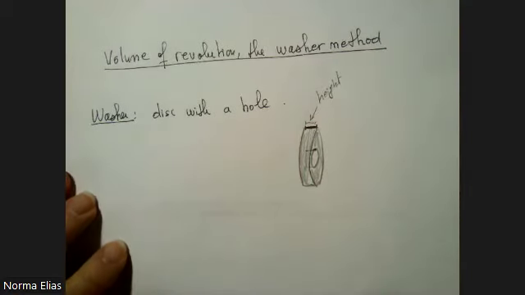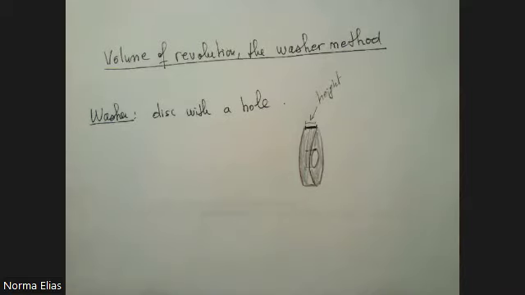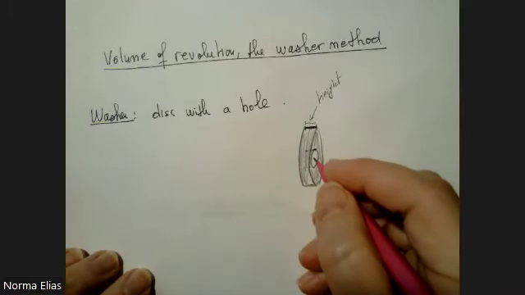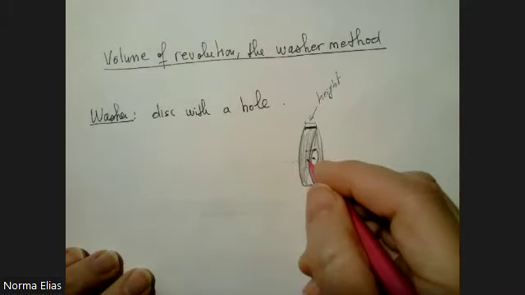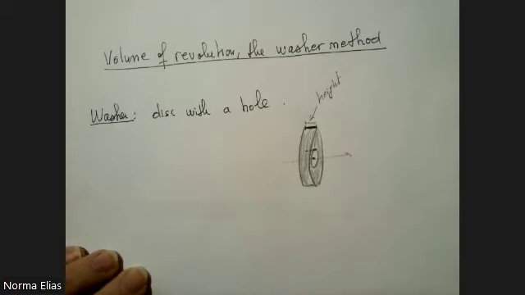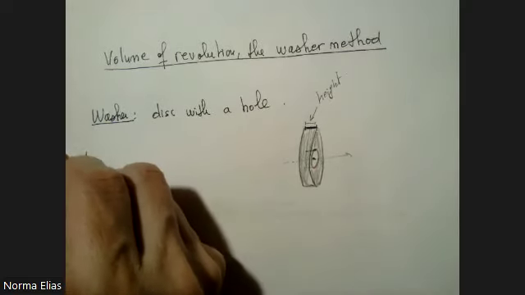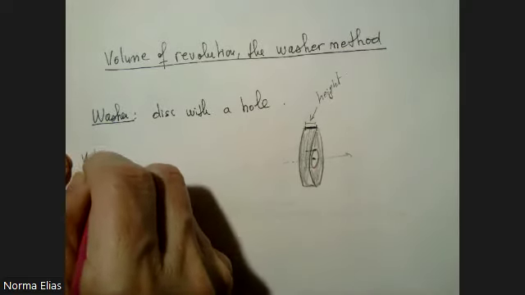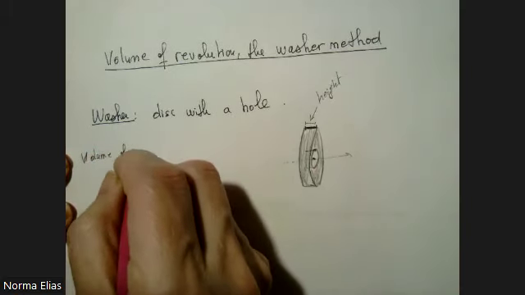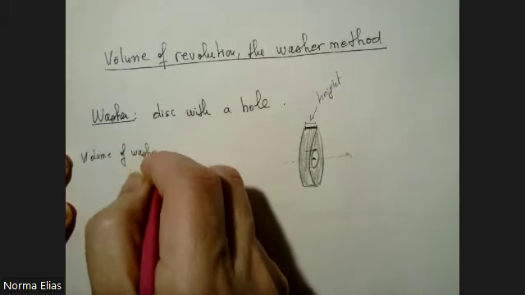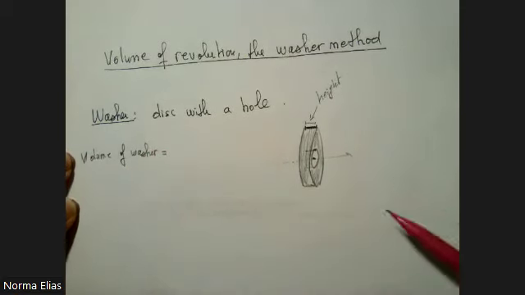So what's the volume of the washer? What do we need to find the volume of this washer? That's the center, this is where the axis of rotation is really going to be. What information do you think you need?